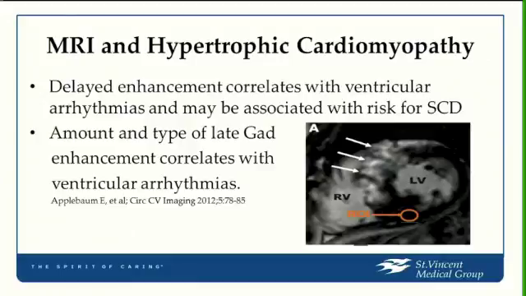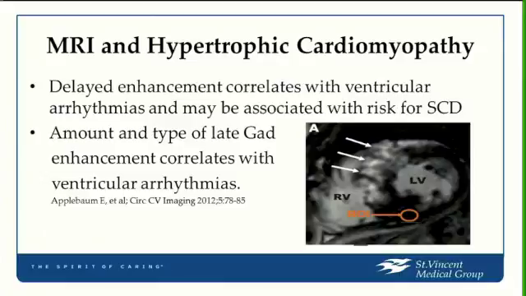So some people, including Dr. Marin and Dr. Marin's son, who's a cardiologist as well, looked at this and asked, does the degree of scarring detected by delayed gadolinium enhancement correlate with arrhythmias? And that's exactly what they found. Delayed enhancement correlates with ventricular arrhythmias and is associated with risk of sudden death.